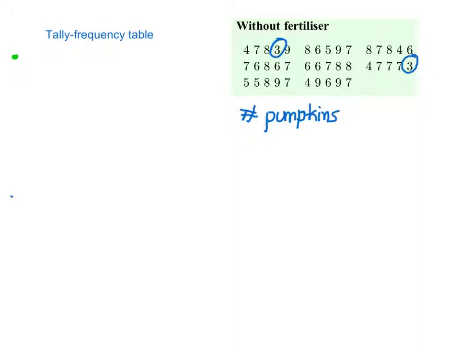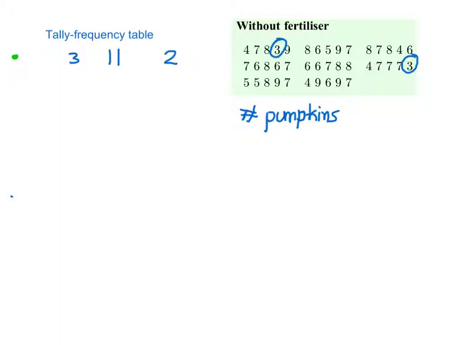Each time I see a 3, I'm going to use a little tick mark to count off that occurrence. So because there were 2 3s, I'm going to use 2 tick marks. And the frequency of that number of pumpkins occurring is 2, simply the number of tick marks.